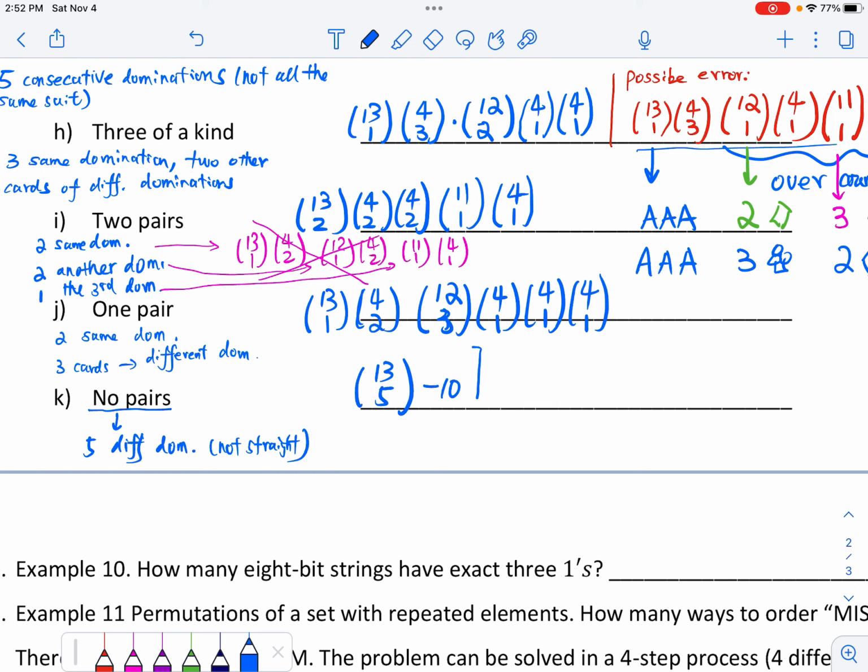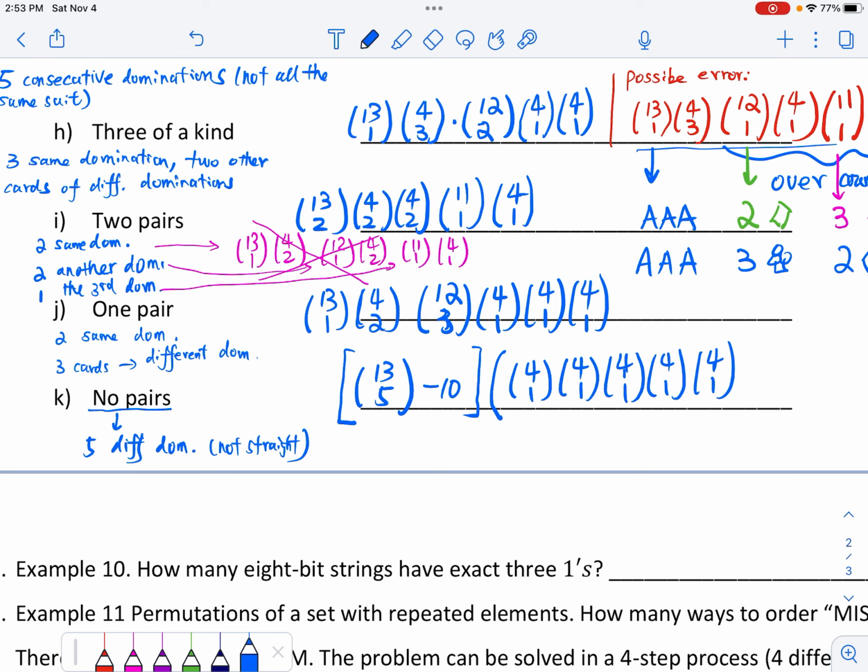That's how many ways you can get 5 different dominations that are not straight. Okay, so this is step 1. Step 2, you have 5 dominations. Now for each one you have to pick 1 card out of the 4. So there were 5 factors of 4 choose 1 multiplied together.